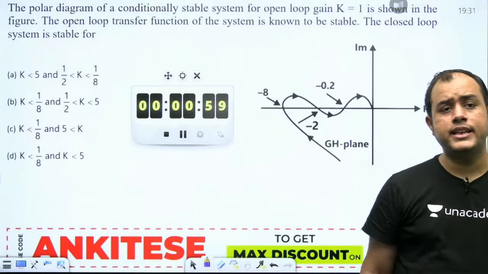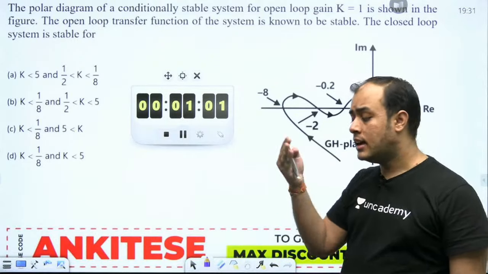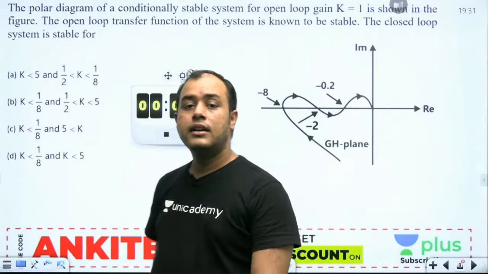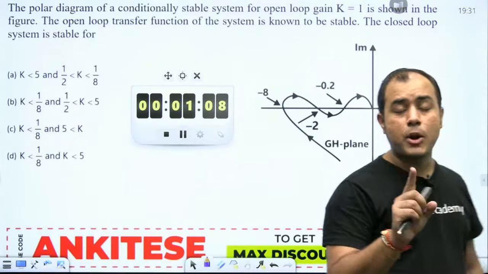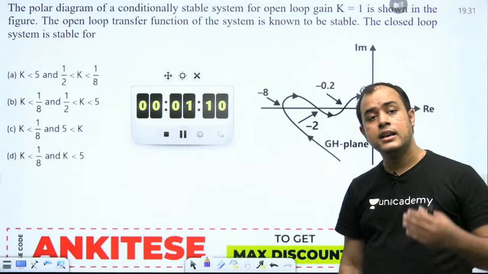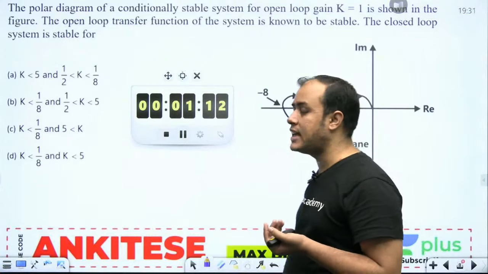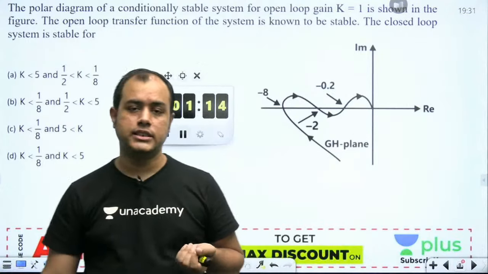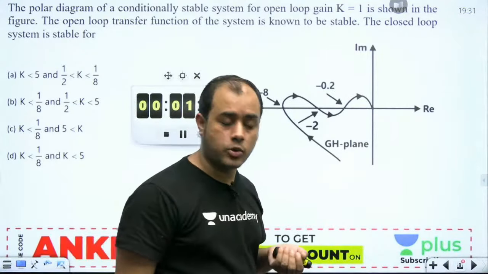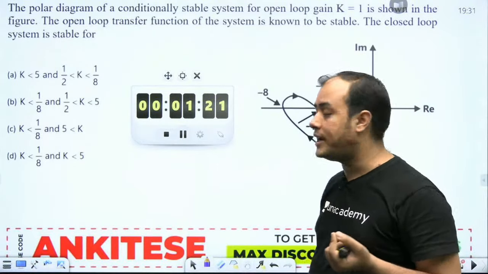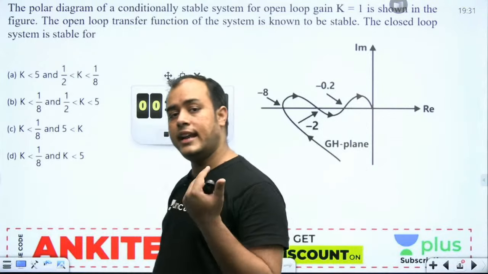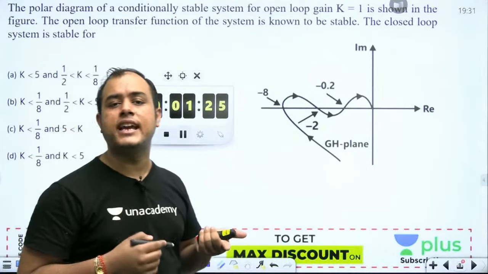Gajendra, if there is a zero at the origin, then on substituting the origin your value comes to zero. We don't have any problem with zeros at the origin. We have a problem with poles at the origin. Why? Because we can't substitute them into the function. Whenever we are plotting the Nyquist plot, we are putting every point of the Nyquist contour into G(s)H(s) and then obtaining the Nyquist plot.